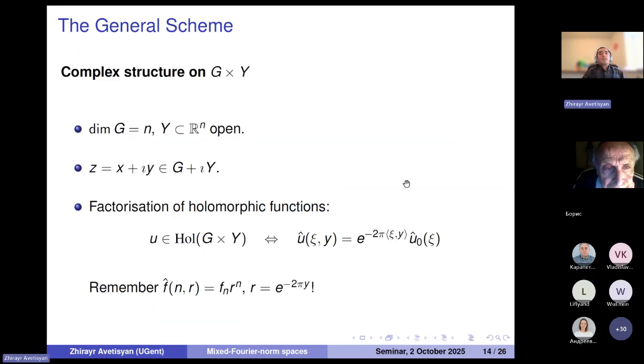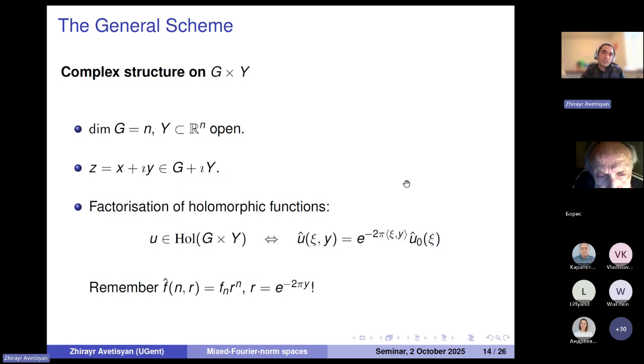Right, now if we want to discuss holomorphic or analytic functions on this product, this model situation G cross Y, we need some complex structure. And as a complex structure, we take the most natural one.